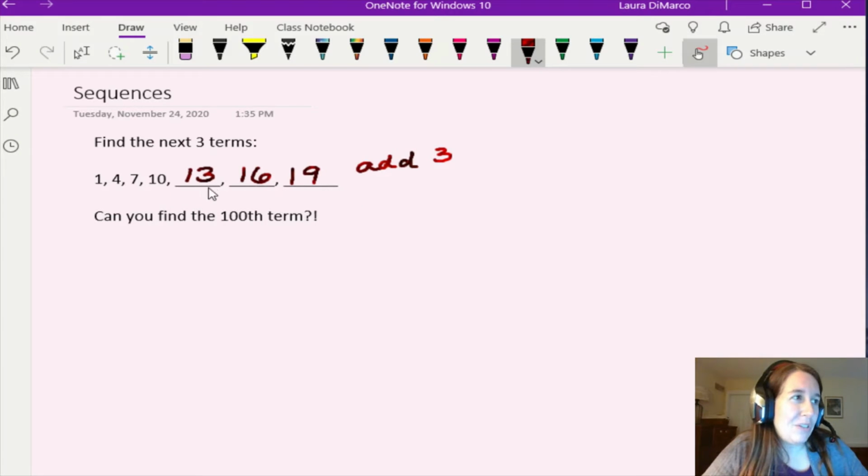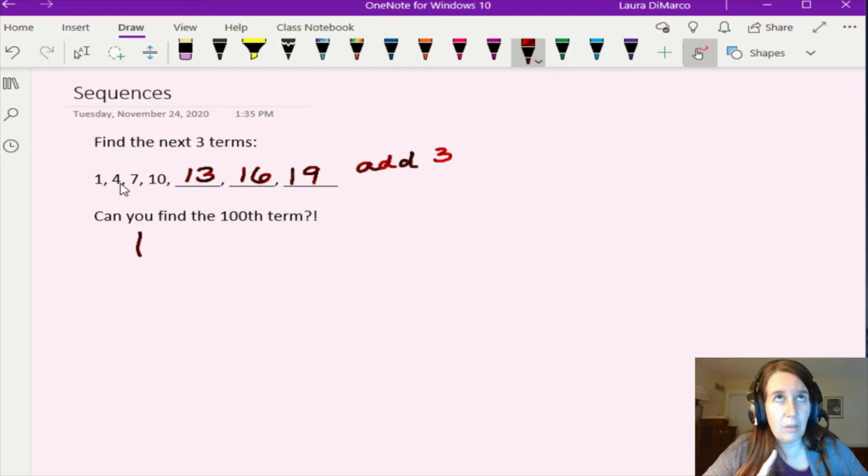Okay, so let's look at it. The first term is a 1. That's not really telling us anything, but then we know the second term is a 4 because we added 3 one time. So for the second term, we took 1 and then added 3 a single time.